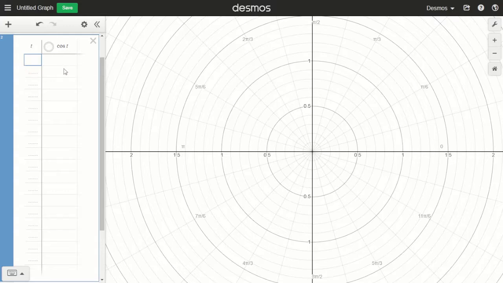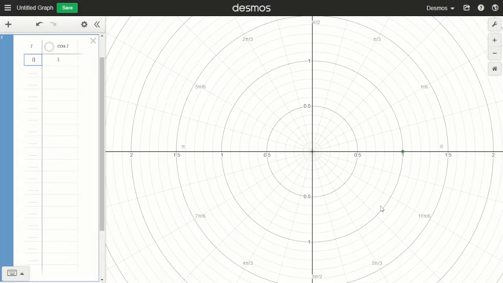But on Desmos, here's how I constructed this table. The t variable is a different name for theta. And on this column right here, those are the values for the dependent variable, which is cosine of theta. So this is theta, this is R. Now I put in 0 for the angle theta, and I have 1. Just like that.